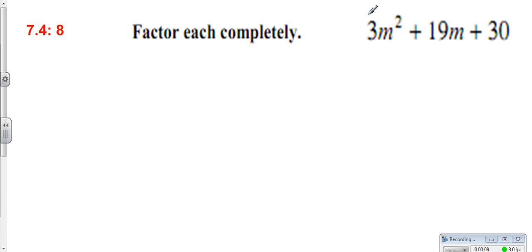Now we have an a that's not equal to 1, so we would take the product of those. We were looking for something that has a product of 90 and a sum of 19.